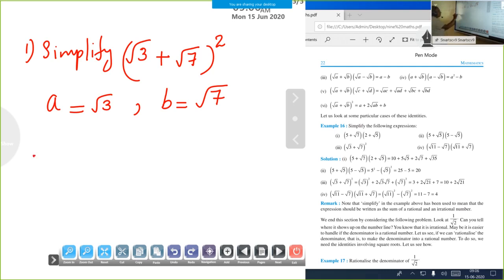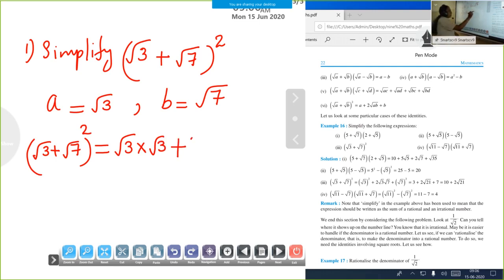And our answer: root 3 plus root 7 the whole square equals a square. A square means root 3 into root 3, plus 2ab. Our second term is 2 into a into b.